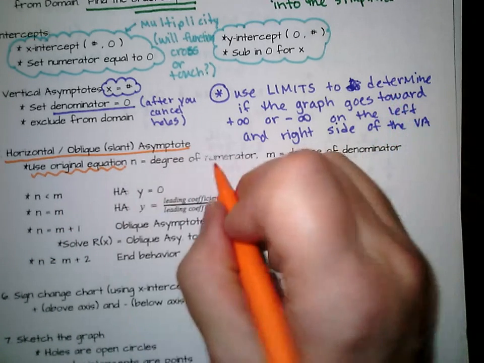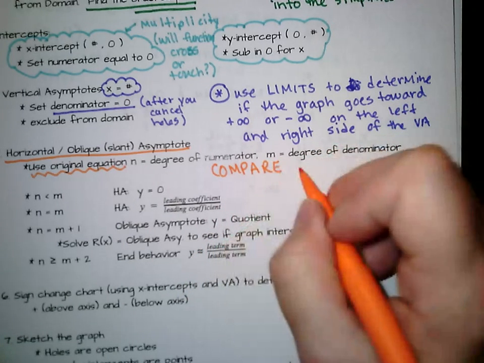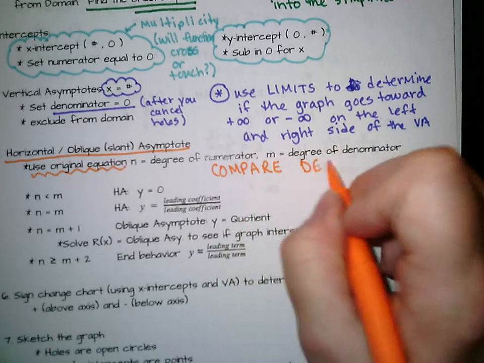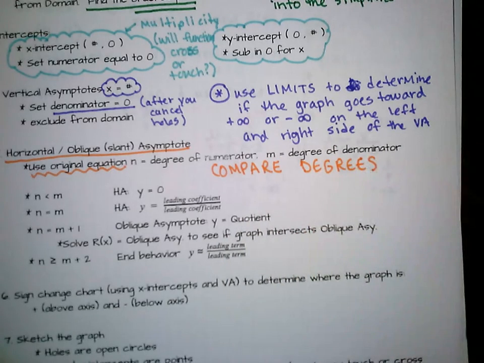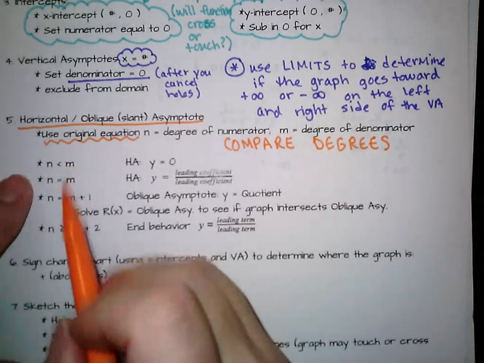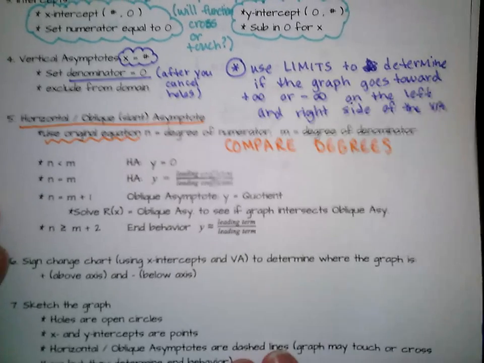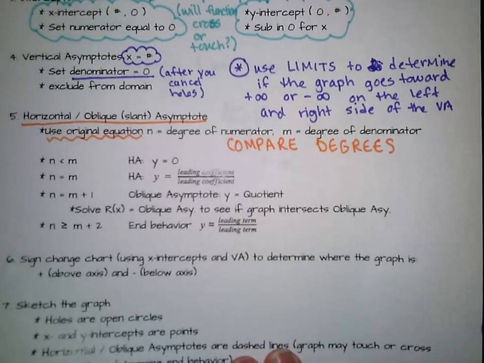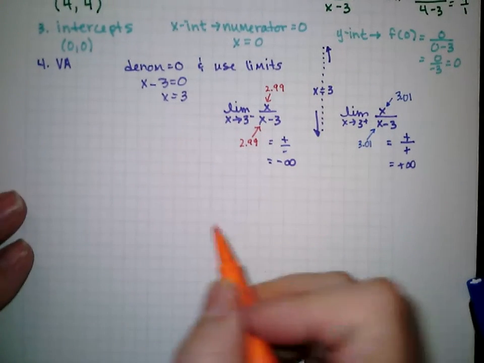So for our horizontal and oblique asymptotes, we're going to be comparing the degrees of our numerator and denominator. So here are our guidelines. We practiced it towards the end of section 2. Let's look and see what we've got going on here.